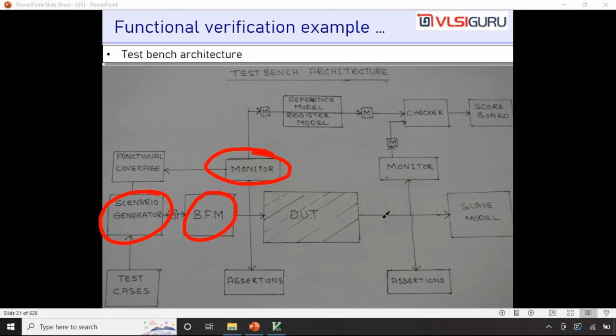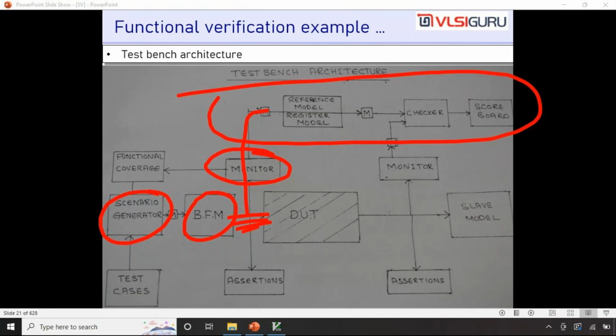Why can't I directly connect it here? Simple, right? Why is monitor required? I will just introduce you to the concept, but later you will understand it better. See, what happens here is at signal level. Address separately, data separately, write/read separately, selection separately, everything happens separately. By the time you reach here, everything happens at object level.